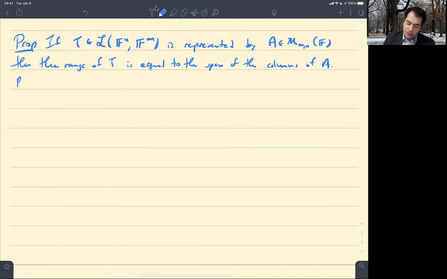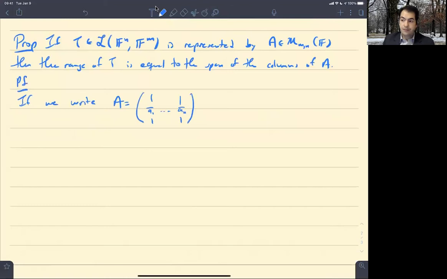Okay, so let's prove this. Okay, so let's write the matrix A like this, and let's give the columns names. So they're just going to be lowercase a1 through an. Okay, then each aj is just T of ej, right?